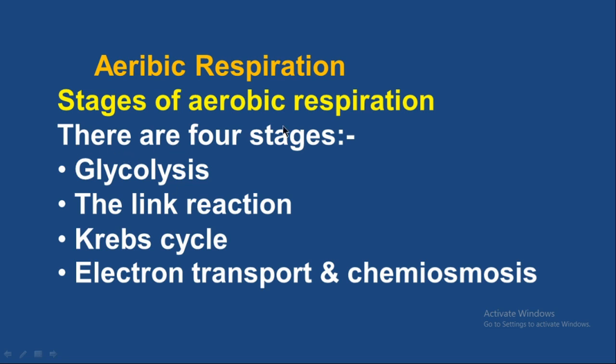The 4 stages of aerobic respiration are glycolysis, second the link reaction, third the Krebs cycle, and fourth the electron transport system or chemiosmosis. After passing through these 4 processes, from one glucose molecule, around 36 ATP molecules are produced.